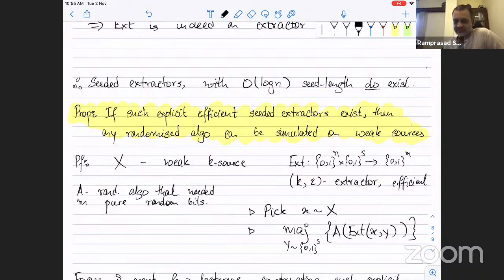I just enumerate over the seed and look at the average behavior of the extractor of X when I feed in the uniform distribution. But I'm doing it in a brute force manner because I don't have access to uniform random bits in {0,1}^s, but s is fortunately so small that I can just run over all of them. And this basically says that the amount of difference is at most some epsilon, and this is also an efficient simulation.